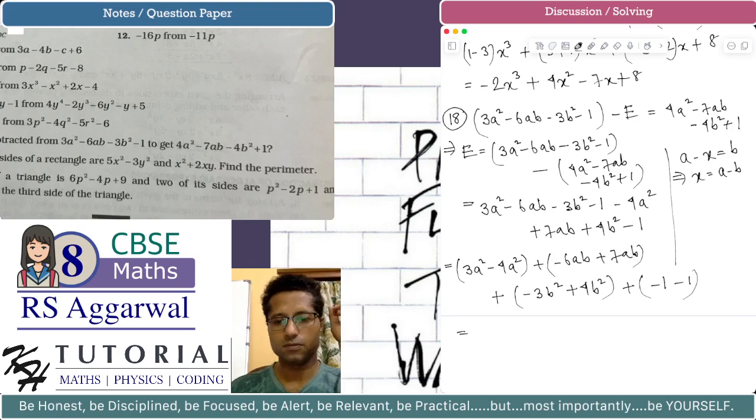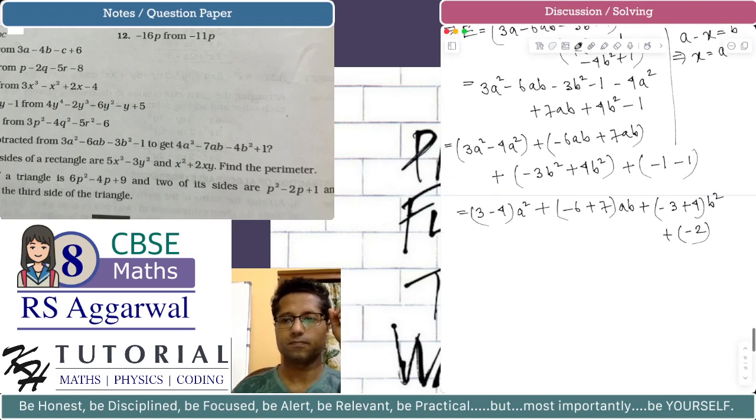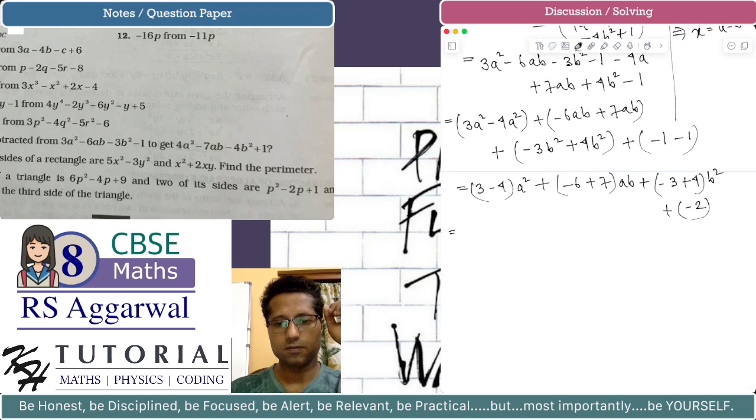So this becomes 3 minus 4 a square, plus minus 6 plus 7 ab, plus minus 3 plus 4 b square, and minus 2. So this equals minus a square plus ab plus b square minus 2.